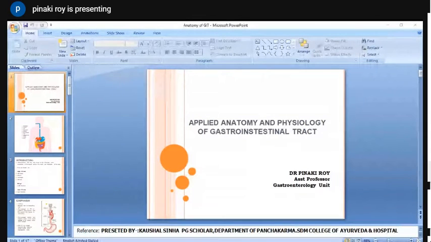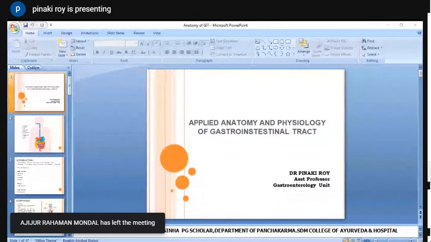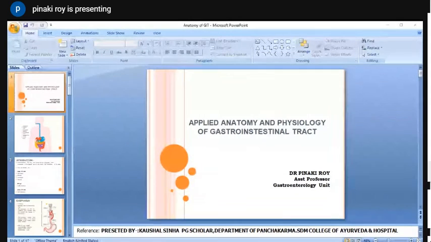It starts at the cricoid cartilage at the level of C6 cervical vertebra, and it extends distally, and it passes the right crus of diaphragm at the level of D10 vertebra. Okay, and it joins with the stomach, and the junction is called Gastroesophageal Junction.